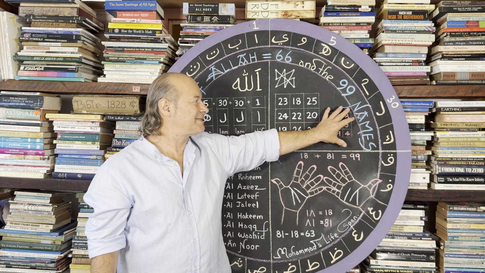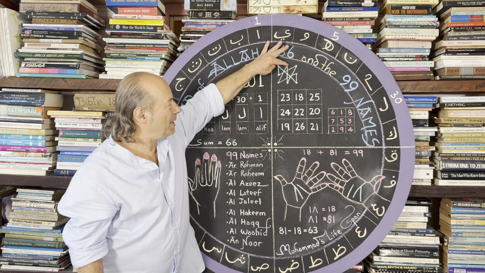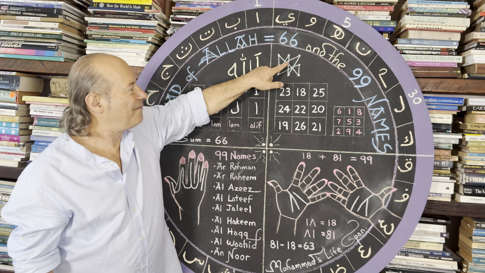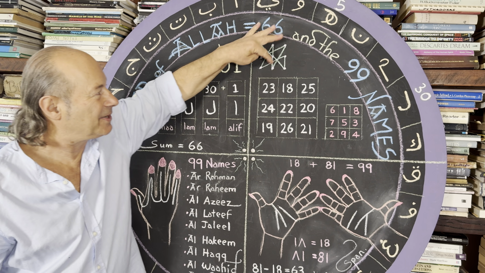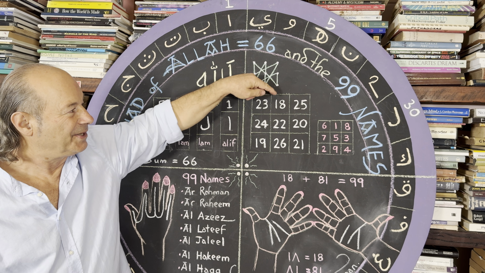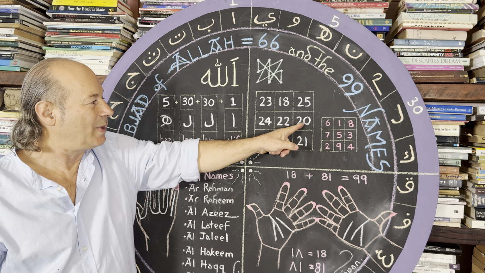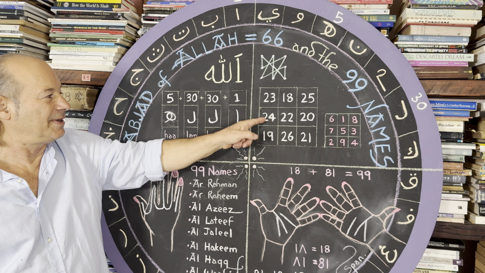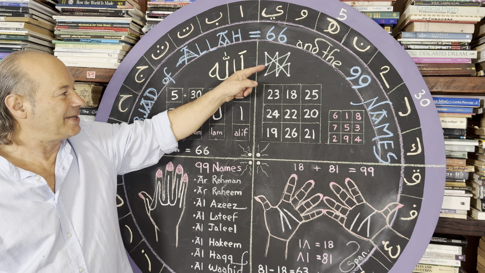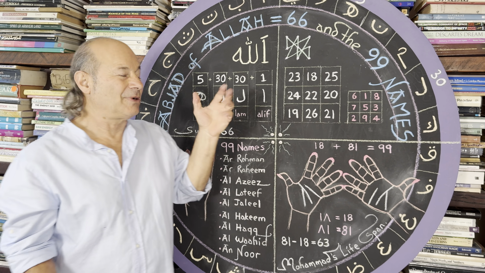So if we use that as a template, starting from 1 to 2 to 3, we get a pattern: 1, 2, 3, 4, 5 in the middle, 6, 7, 8, 9. If I follow those same numbers, I'm going to start with 18, but follow that pathway. So I go 18, 19, 20, 21, 22, 23, 24. I'm following this yantra, 25, and I go to there. Suddenly I've got a magic square. It all adds up to 66.